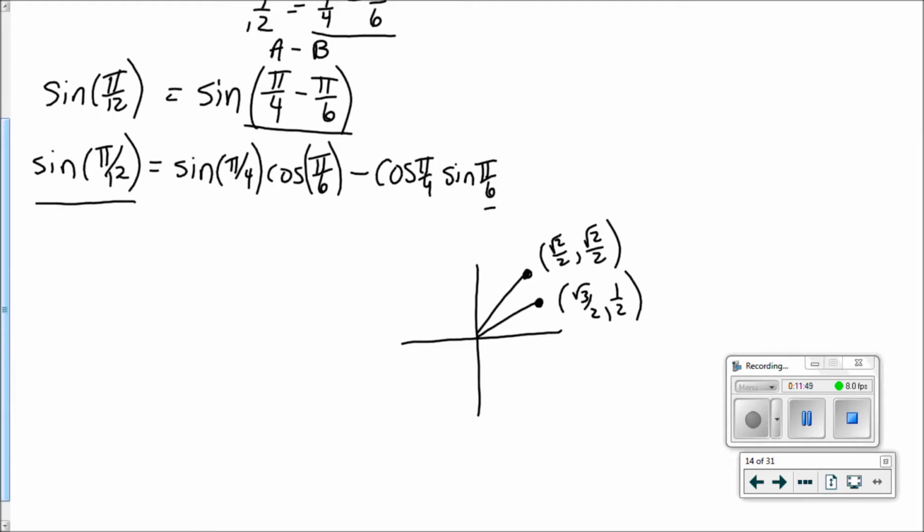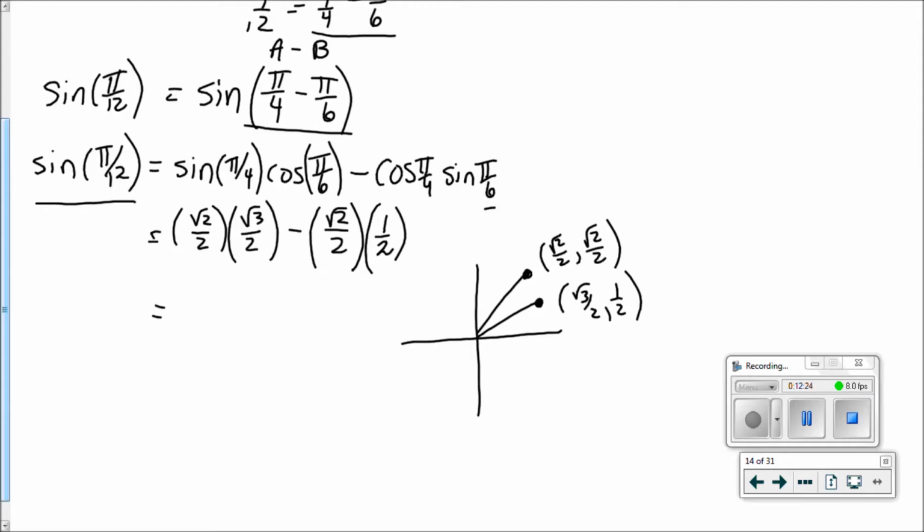And now I'm just going to substitute these values back into my equation. So the sine of pi over 4 is going to be root 2 on 2 times the cosine of pi over 6, well that's root 3 on 2. So I sub that in, and I'm taking away cosine of pi over 4, which is also root 2 on 2, and the sine of pi over 6 is 1/2, the y value for that 30-degree angle.